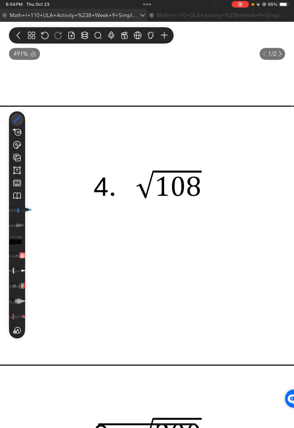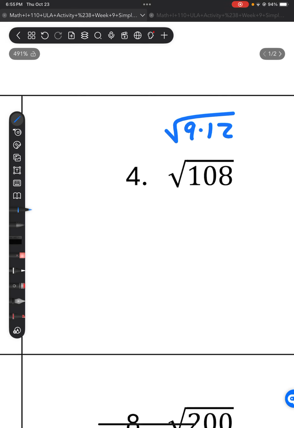All right, now number 4, square root of 108. So 108, I think about 9 times 12, right? Because 9 is a perfect square, so I want to get that out. So when I take out that 9, I should be 3 times 3, right? Then I think about the perfect square in 12, right?